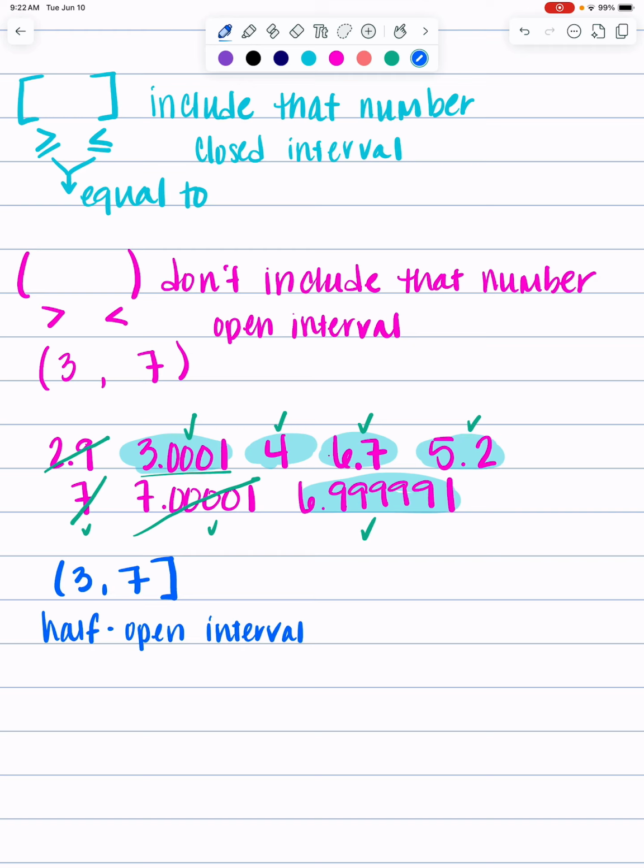We still want to be greater than 3, so the 2.9 is still out. The 3.001 would work. 4 would work. 6.7 is still in there. 5.2 is still in there. But now we include 7. So 7 gets added. 7.00001 is still out. The 6.99991, however many 9s are in there, is still in there.